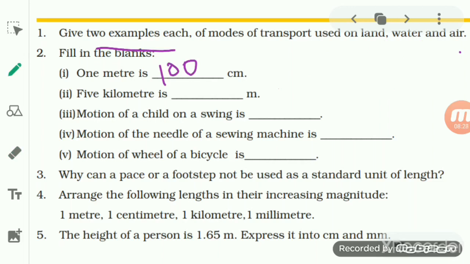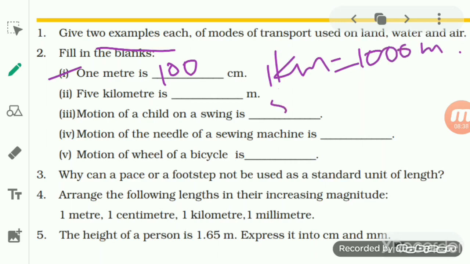Now we know, students, that 1 kilometer is equal to 1000 meter. So what about 5 kilometers? 5 kilometer will be equal to 5 into 1000 meter.